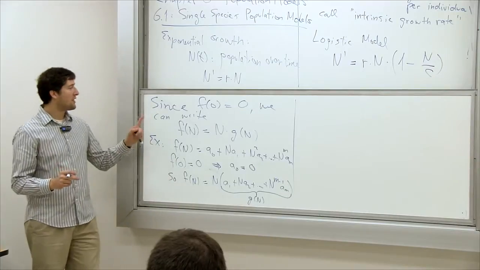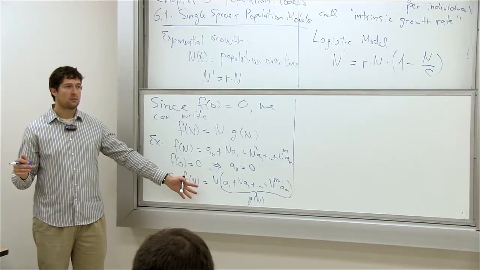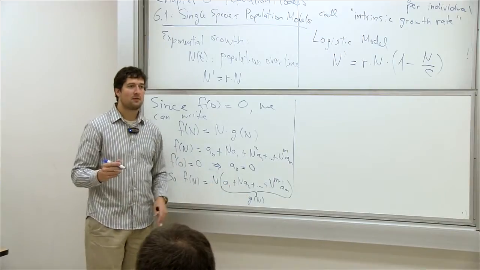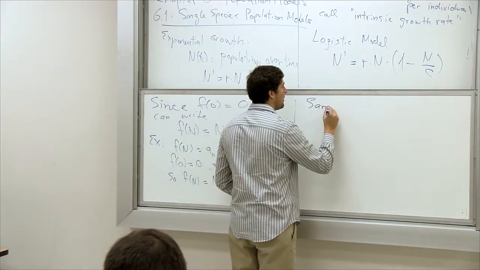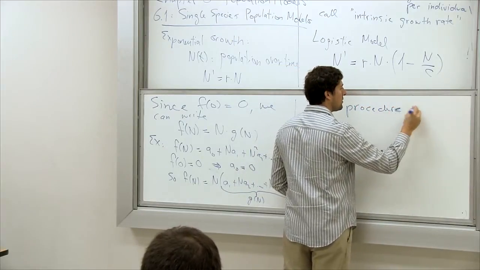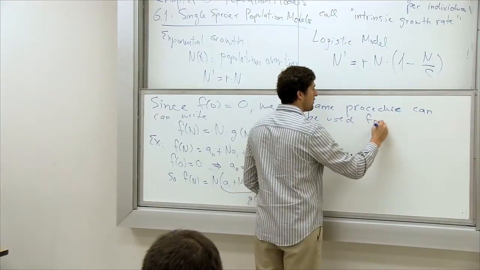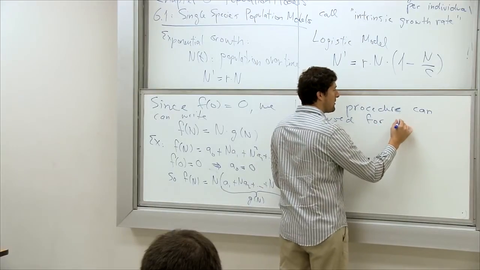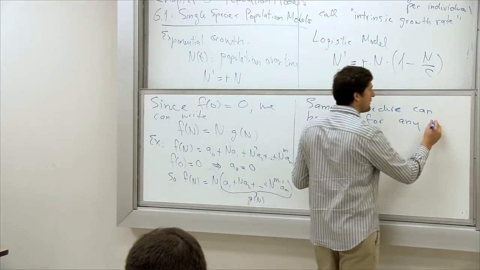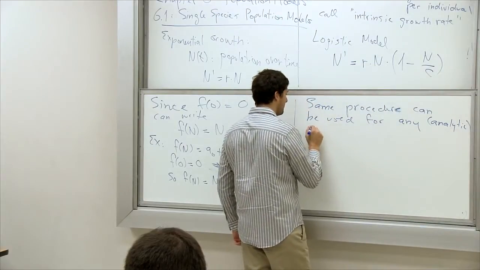Now, we can actually do this in more generality. If you take the function f and you write it using a Taylor expansion, using an infinite polynomial, then you can factor out the n and write it as n times g of n. So the same procedure can be used for any, and then the technical term is analytic, for any analytic function f.